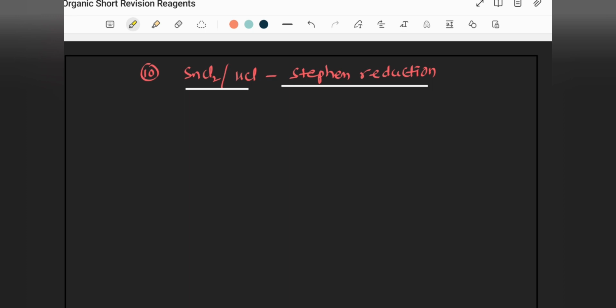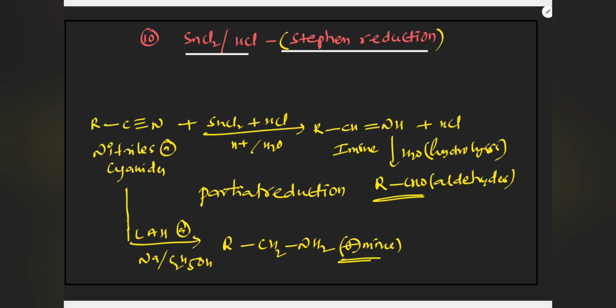SnCl2 in HCl. The reagent is for Stephen reduction: stannous chloride in hydrochloric acid. See, nitriles with tin chloride and hydrochloric acid give imines.